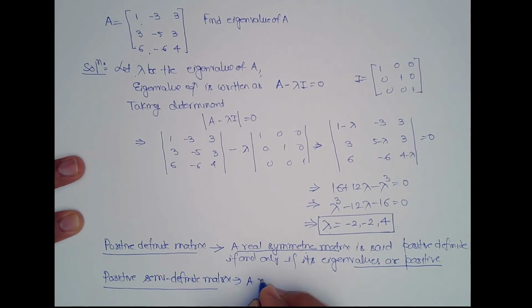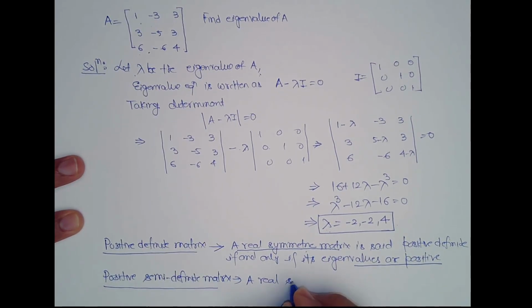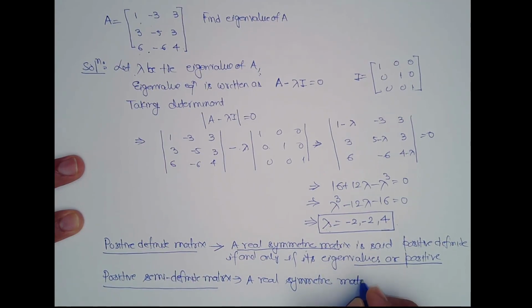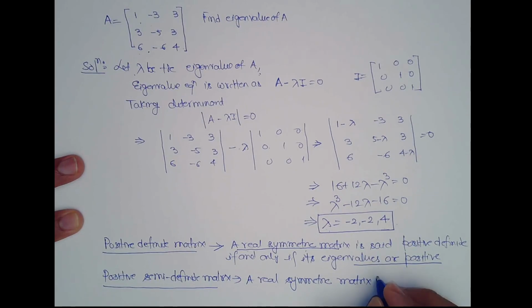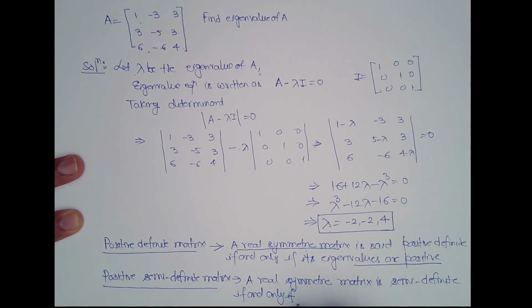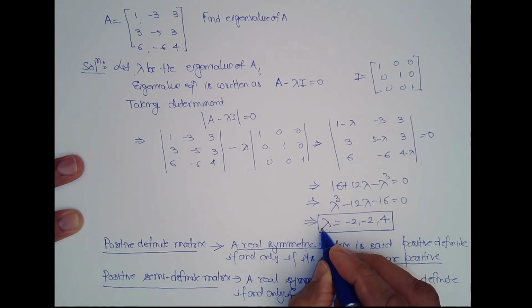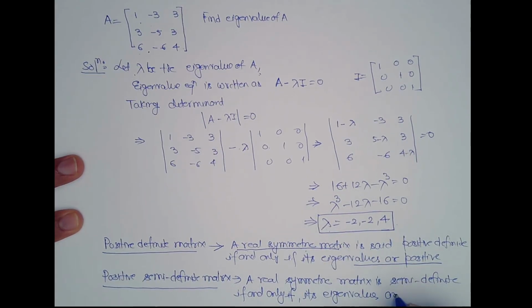A real symmetric matrix is called positive semi-definite if and only if its eigenvalues lambda are non-negative.